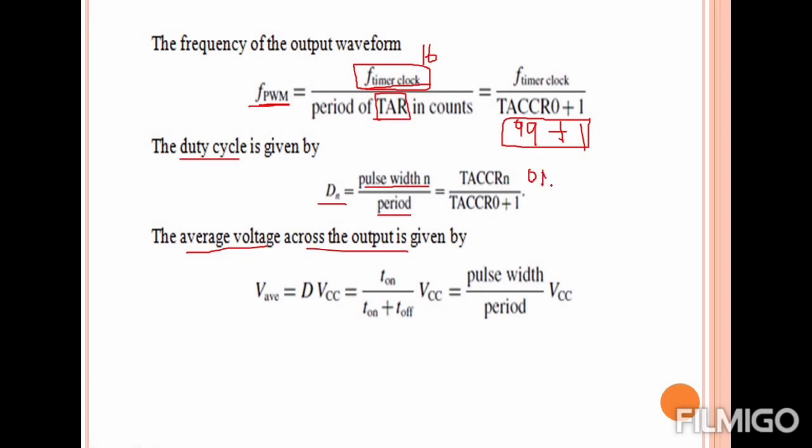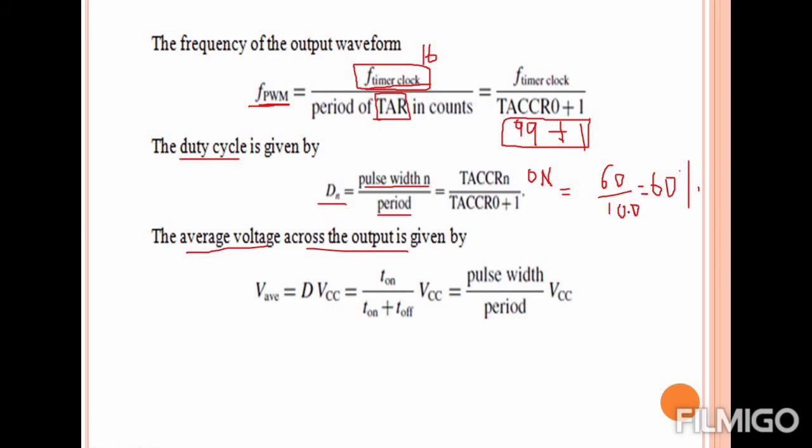That is the value present in TACCR1. For example, 60 is the value present in TACCR1, then 60 by the maximum value 100. 60 by 100 is 60%. 60% is your duty cycle.